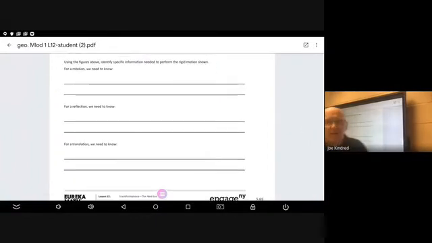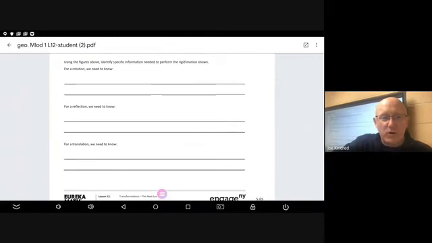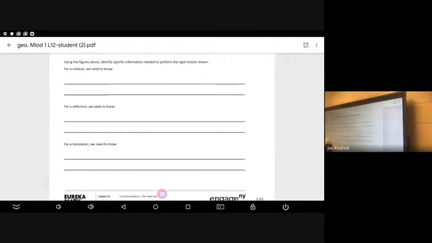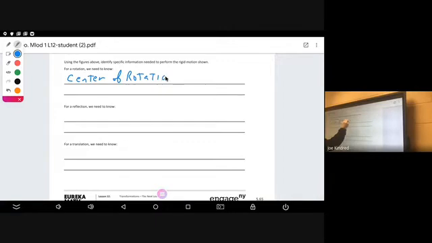So in particular, as we look to better describe this, there's some things that we want to talk about in each of these. First of all, for a rotation, we need to know the following things. We need to know where the center of rotation is. We need to know whether it's going clockwise or counterclockwise. So it's important to know what direction it is going. Is it going clockwise?